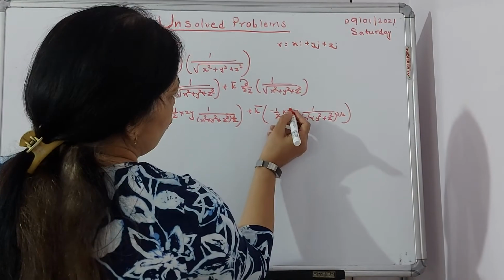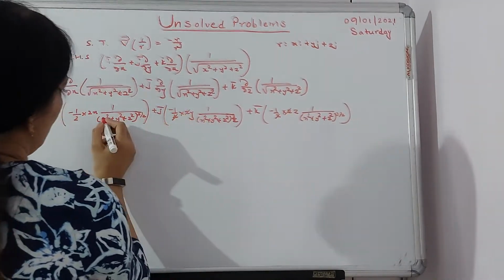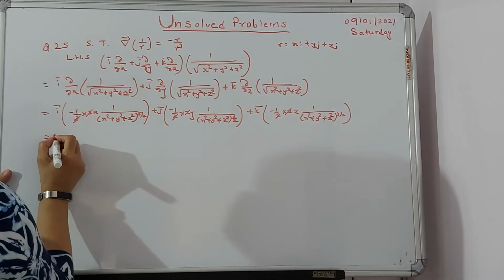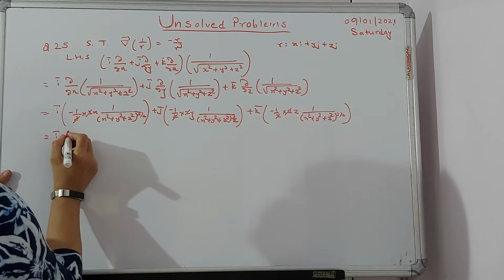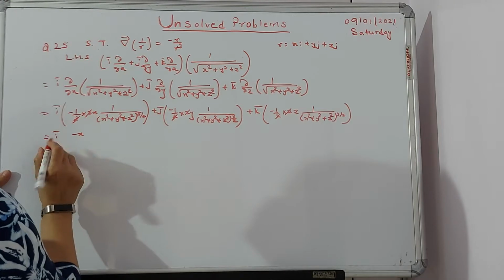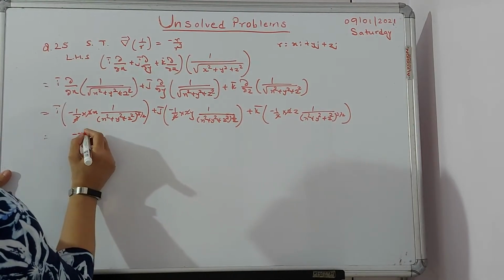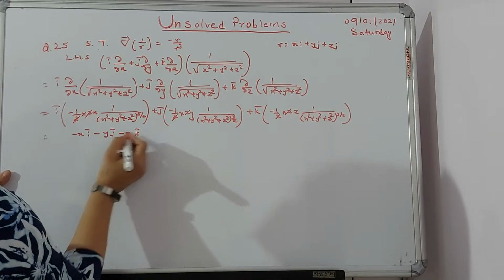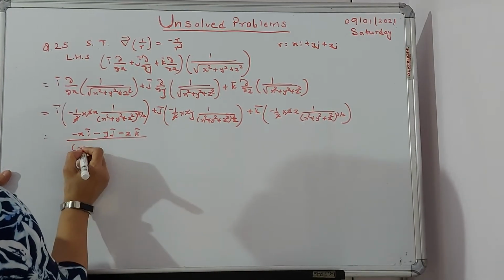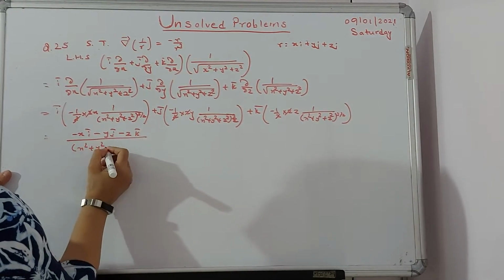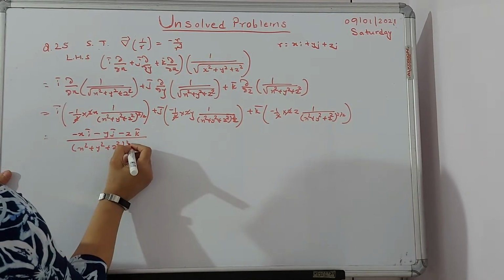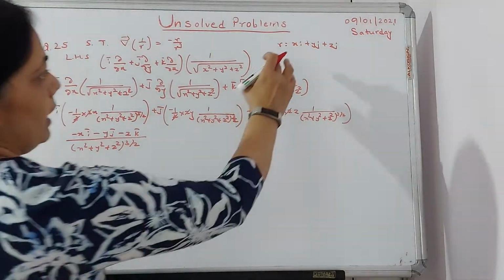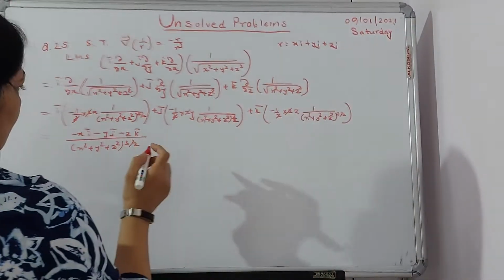So cancel this 2, cancel this 2 and cancel this 2. This will give me −xi − yj − zk divided by (x² + y² + z²) raised to 3/2. What is xi + yj + zk? It is r.